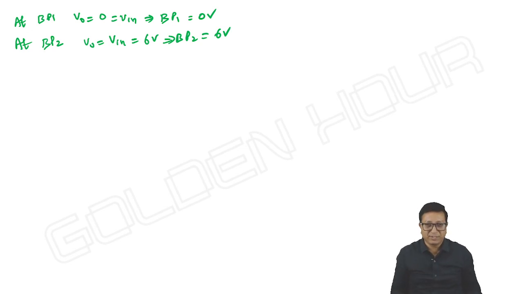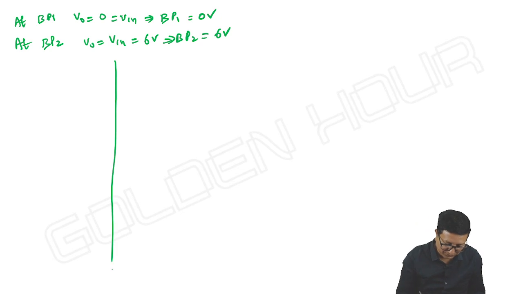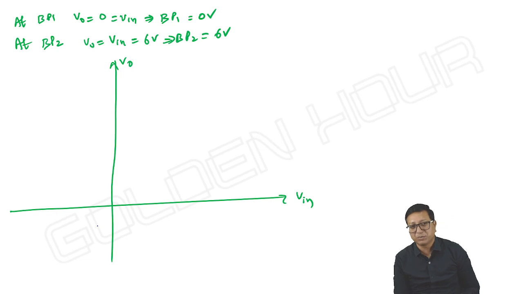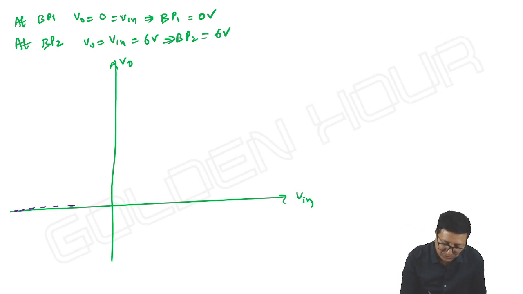Now we can take the transfer characteristics. First case, V output is equal to 0, or y is equal to 0, which means it is the x-axis.